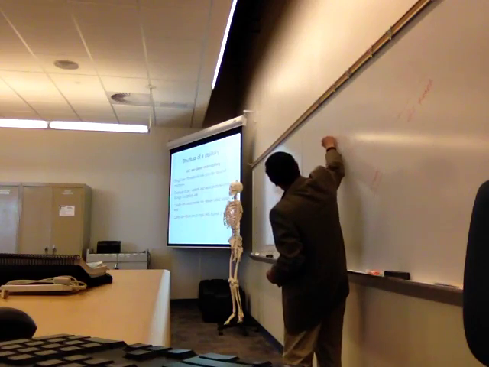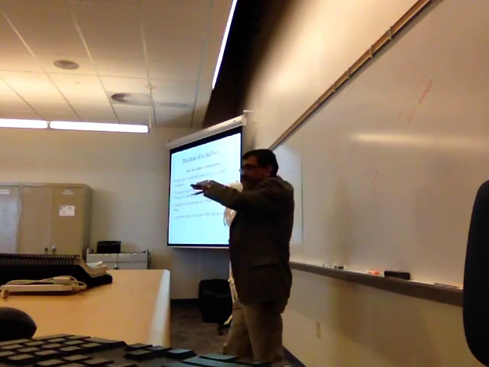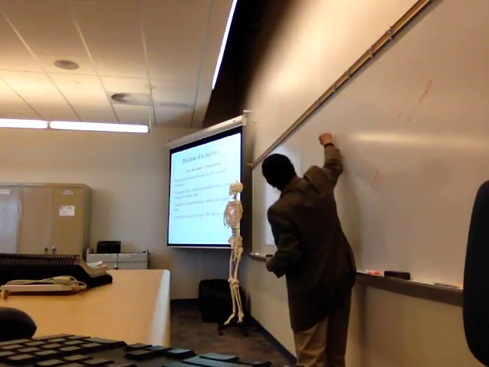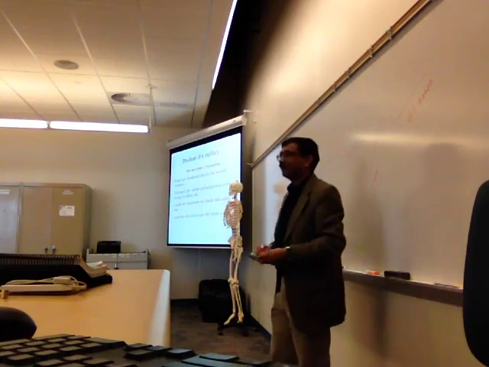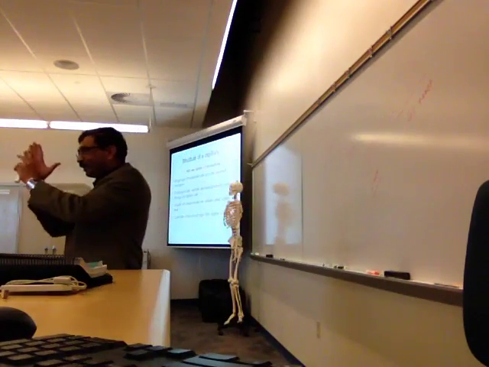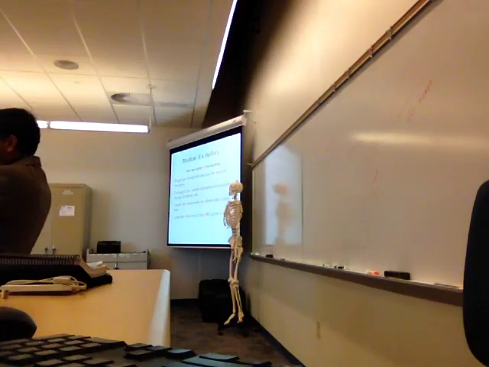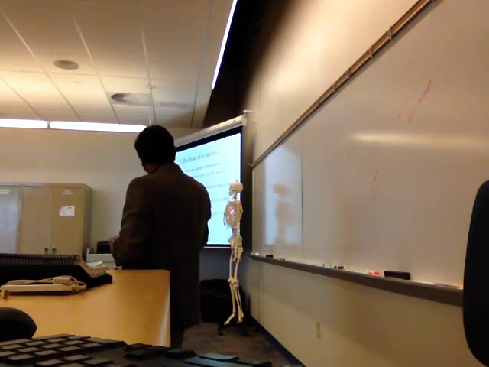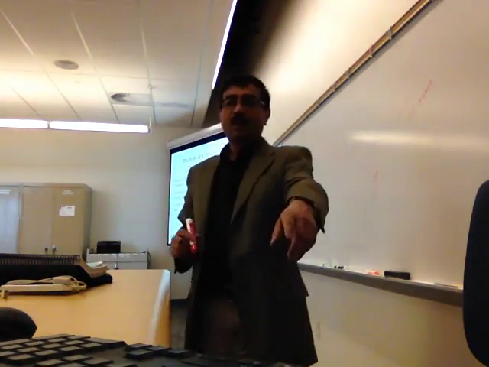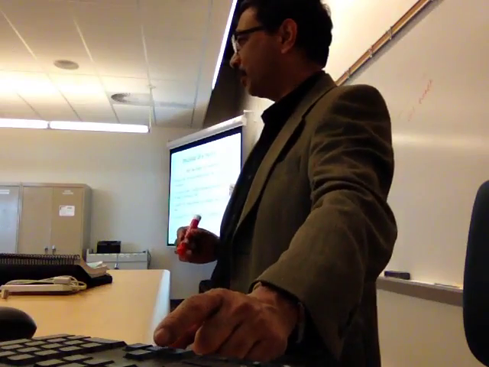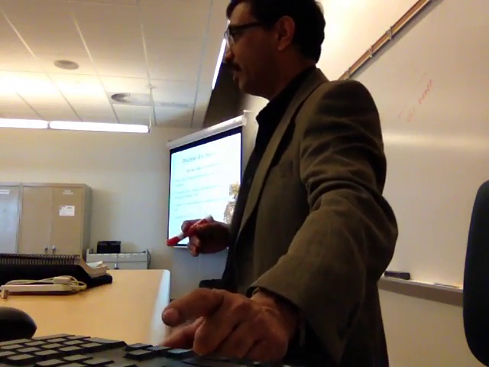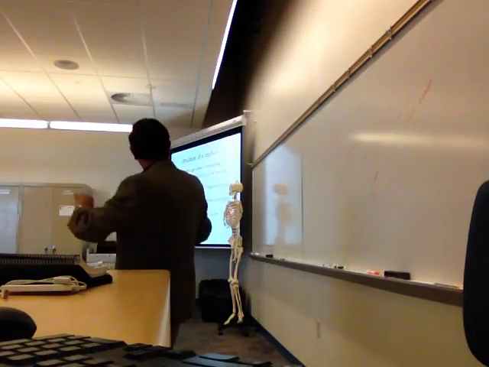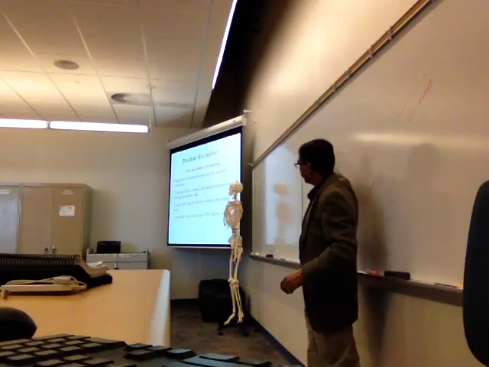The wall of the red blood cell touches the wall of the capillary, and that is important because the exchange of gas easily takes place when the wall of the capillary and the wall of the red blood cell are in contact with each other. That is very important. So all red blood cells will be able to participate in the exchange of gas. And at one time, only one red blood cell will be able to pass through, not more than one.